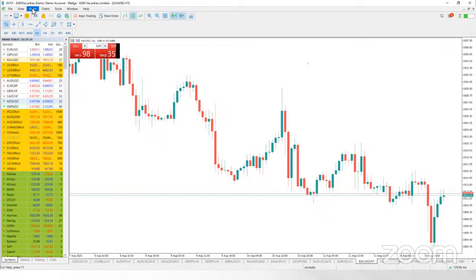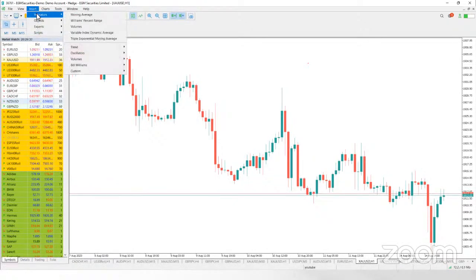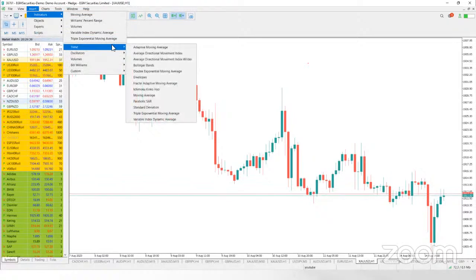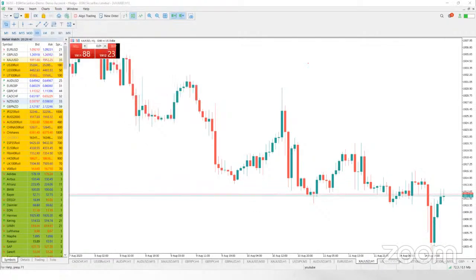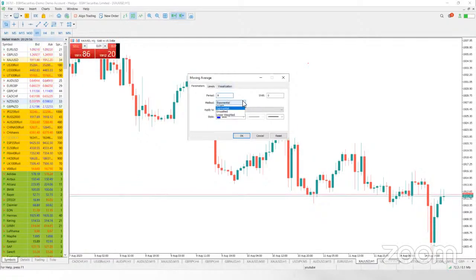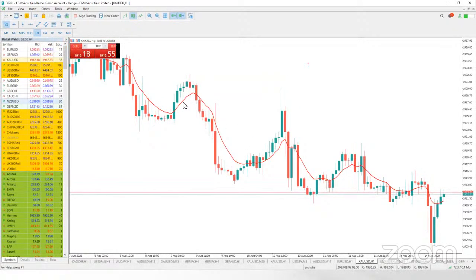Go on the insert section, visit the MT5, go to the indicators, go to the trend, then do the moving average. In this case, we do 9. Exponential moving average, select exponential on the method part, 9. I'm going to do red. Then click OK. We have our line there, that's our EMA 9.